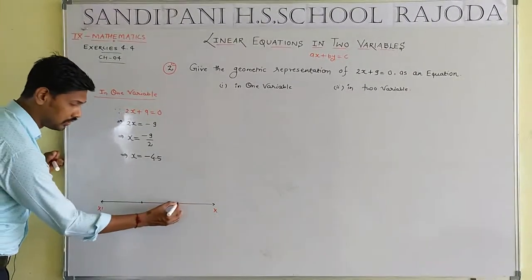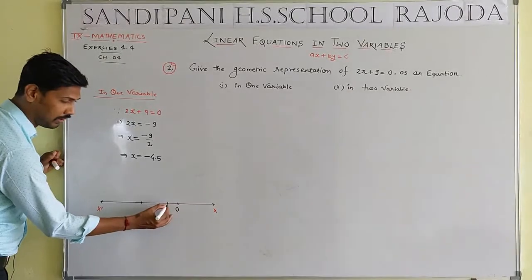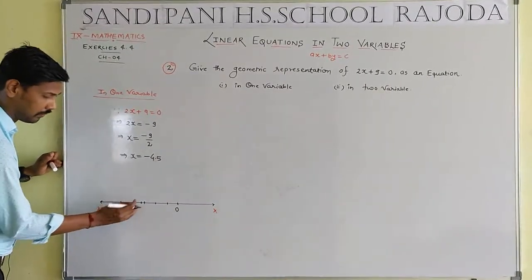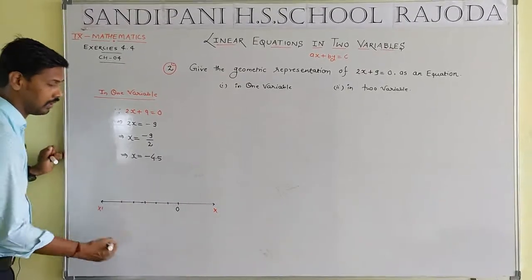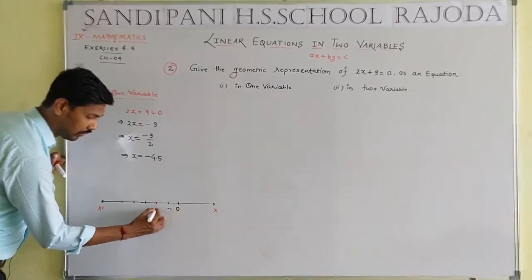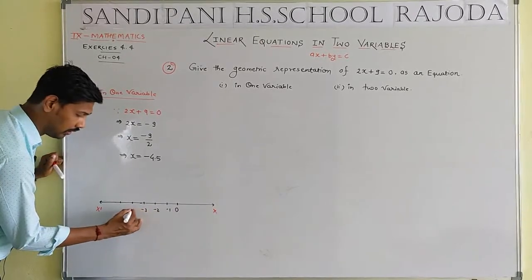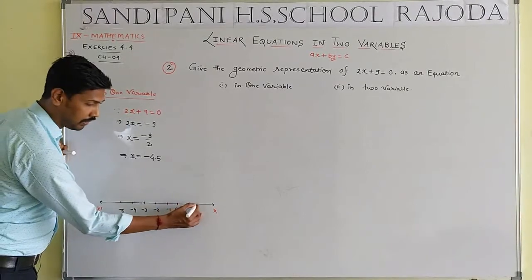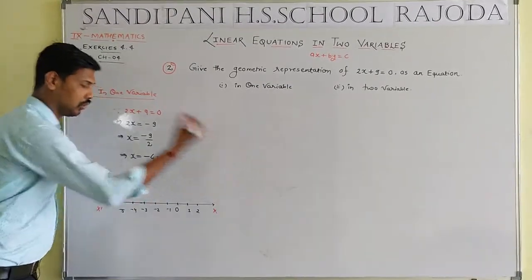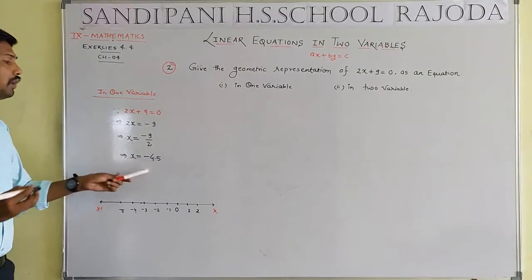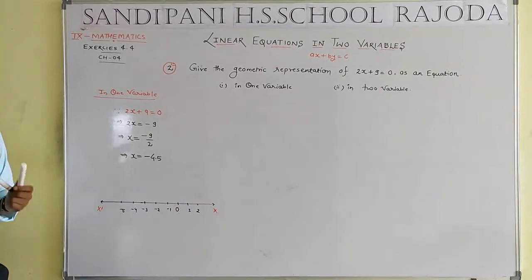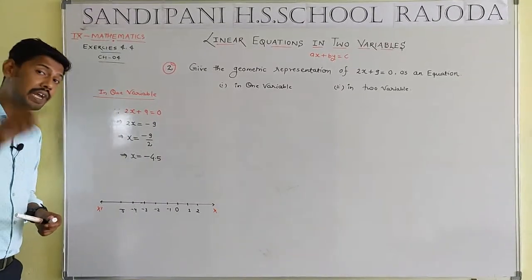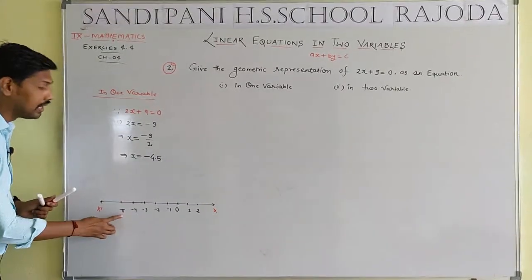So take a 0, then 1, then 2, then 3, then 4, then 5, and so on. And on the other side, negative 1, negative 2, negative 3, negative 4, negative 5. We have to draw x equal to minus 4.5. 4.5 means the center of 4 and 5.